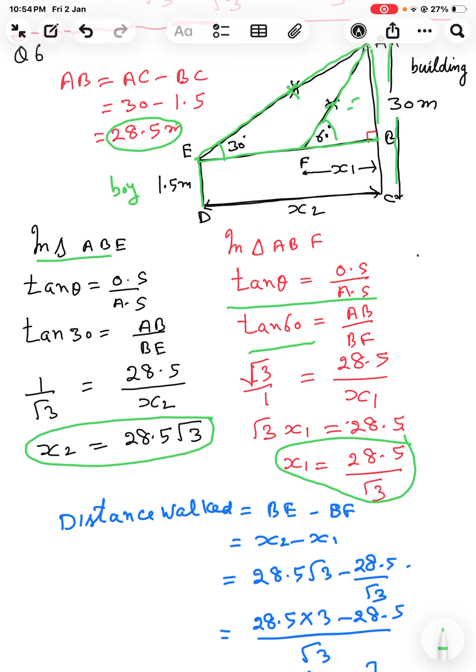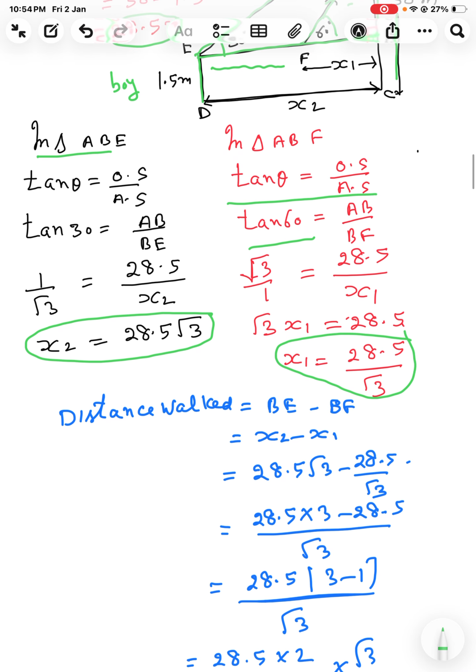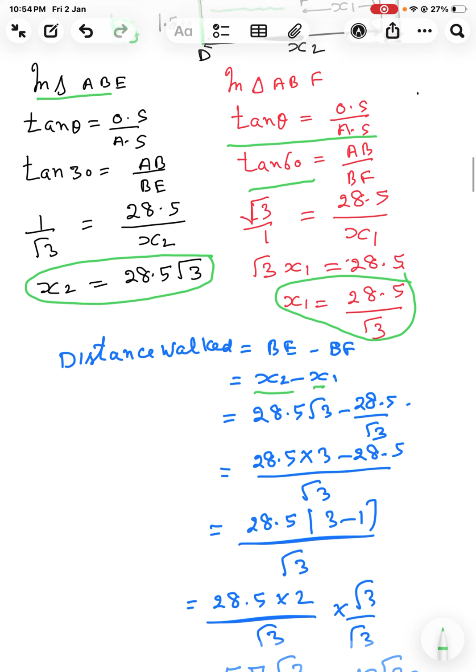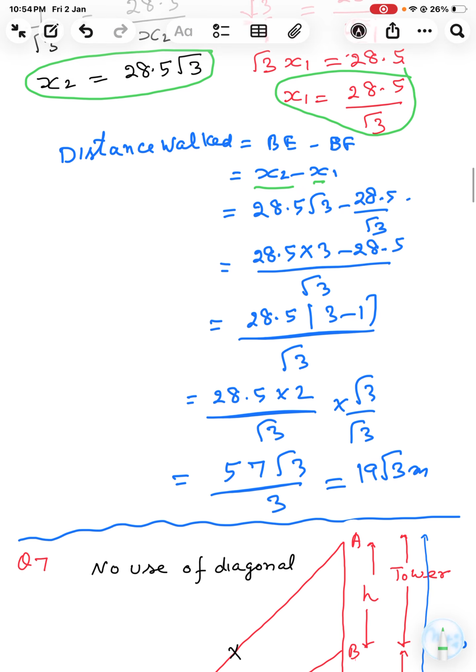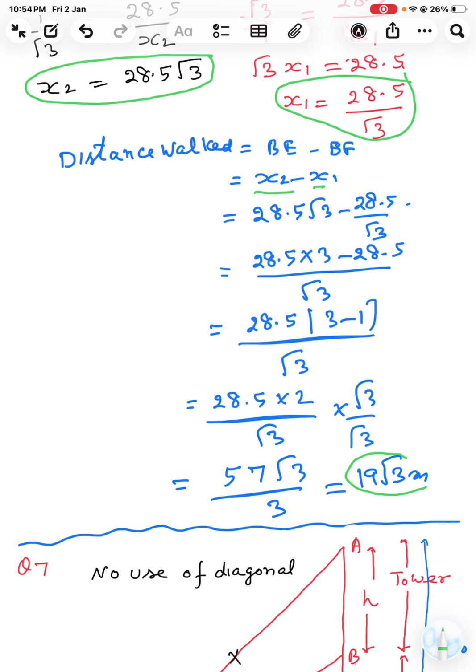But we have to find the distance traveled. This distance traveled is x2 minus x1, which we have to calculate. Subtract x1 from x2. The answer, after simplification, is 19 root 3.